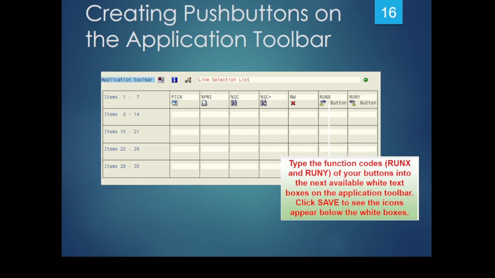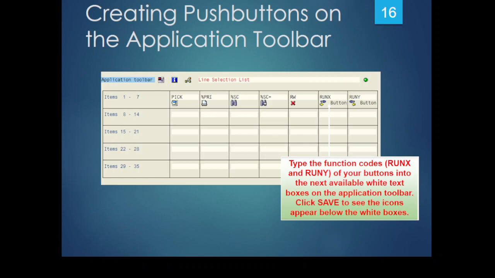Creating push buttons on the application toolbar. On the application toolbar, we have created button X and button Y. We can give them on the right side of the screen after RW.